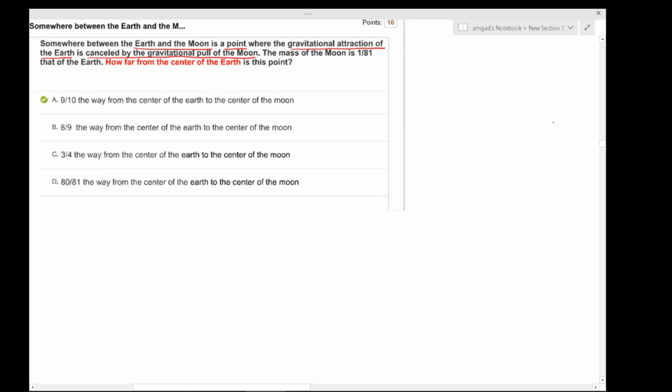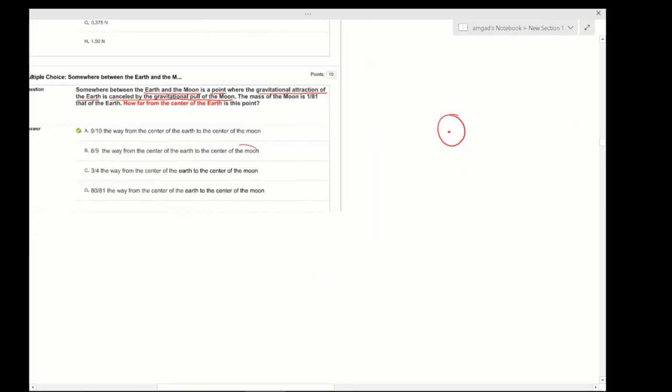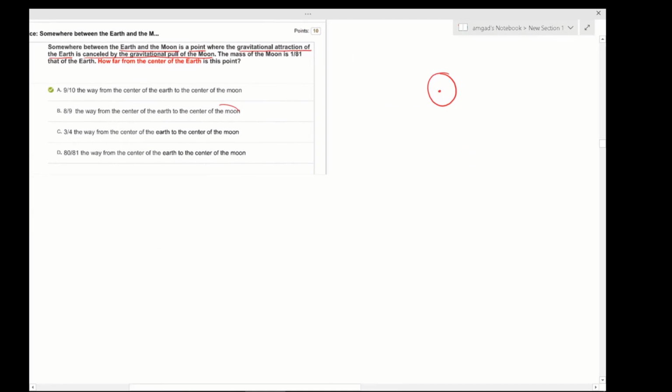Like if we have the Moon here, and we have the Earth here, somewhere in between, let's say in this point, for example, the two forces are the same. This point should be very near to the Moon.